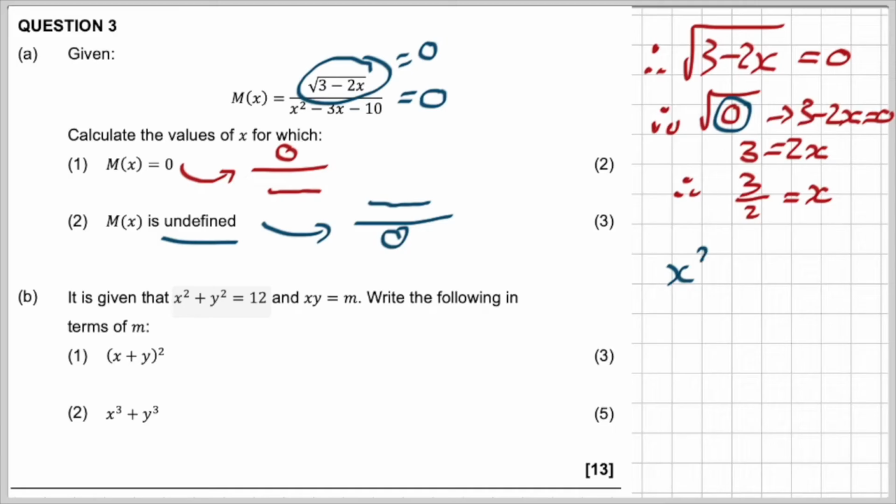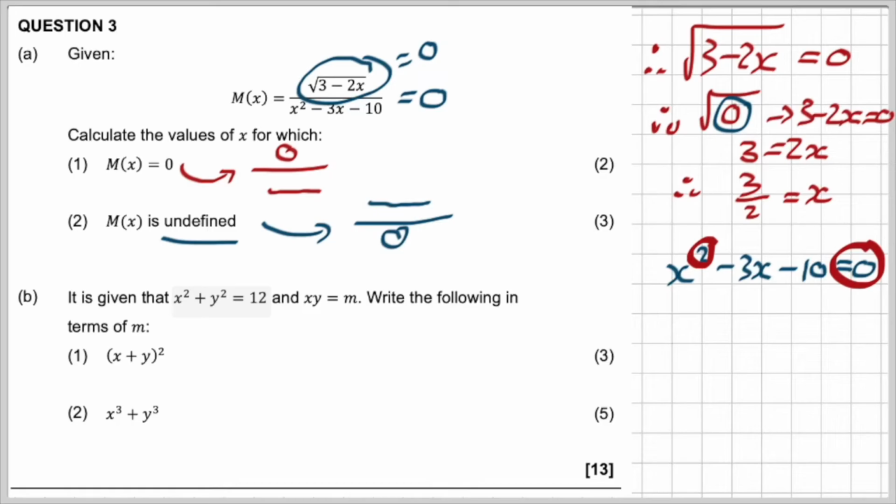So in other words, whenever x squared minus 3x minus 10 is equal to 0, m of x will be undefined. This leads me to now say, what kind of an equation is this? It is quadratic.